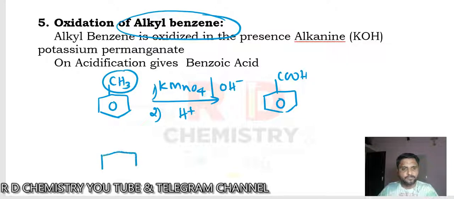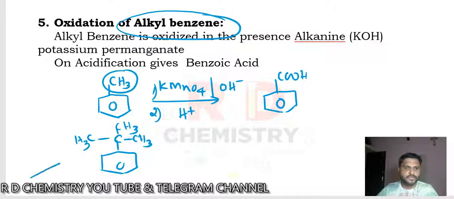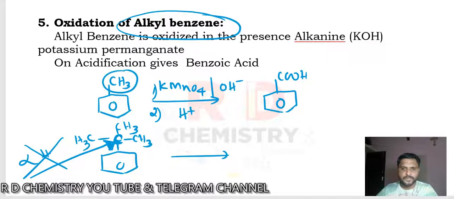Now if I take tertiary butylbenzene, for the oxidation, the alpha carbon atom which is attached to the benzene must have an alpha hydrogen. In this case, this carbon doesn't have an alpha hydrogen, only CH3 groups are there, therefore there is no oxidation, so there is no carboxylic acid formed. Okay, right?